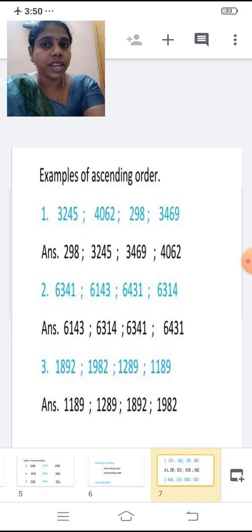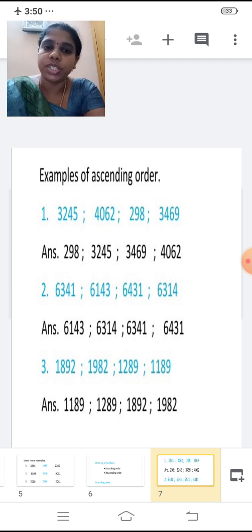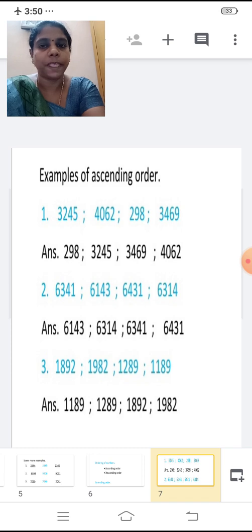Then all the other numbers are having the same digits, right? So you have to compare from the leftmost part. So just see the thousands part. So we have 3245, 3469. Now compare the hundreds place. In the first number we have 2 in the hundreds place.